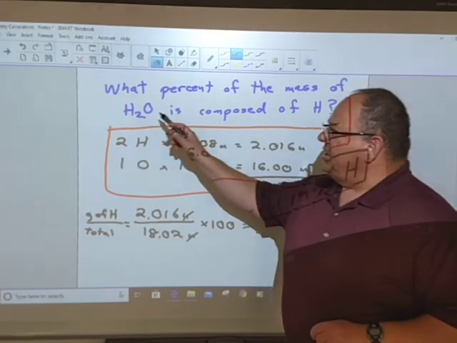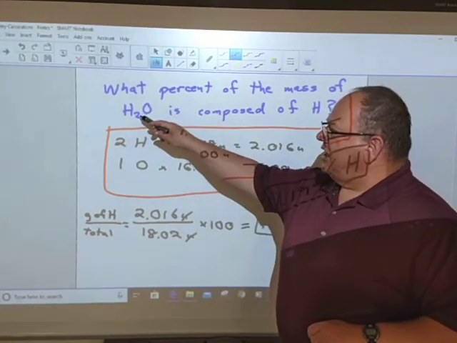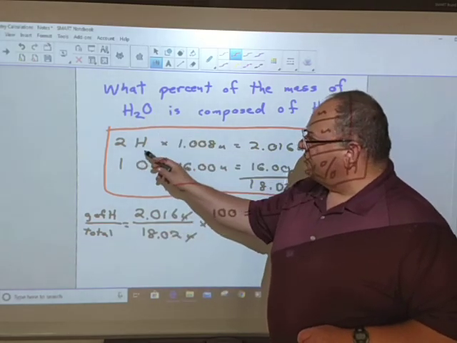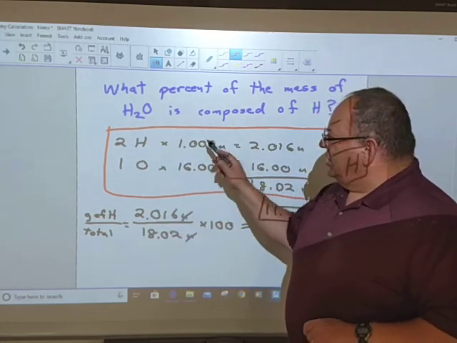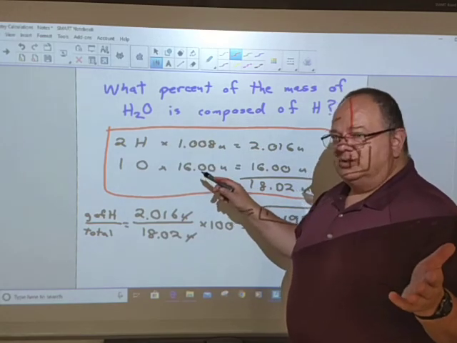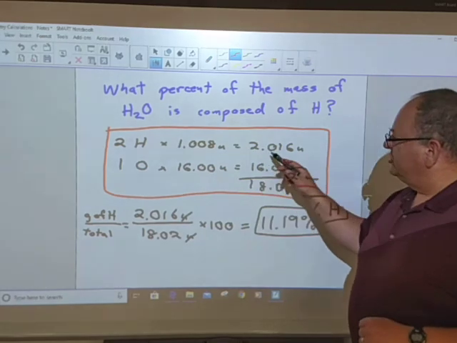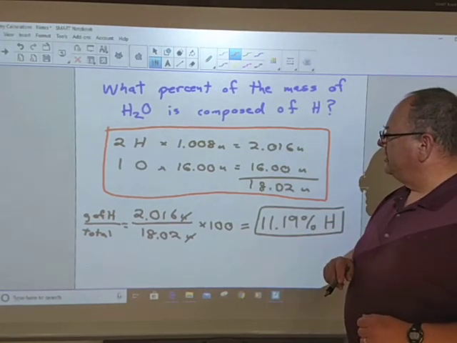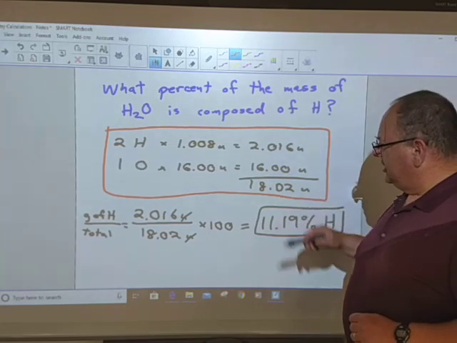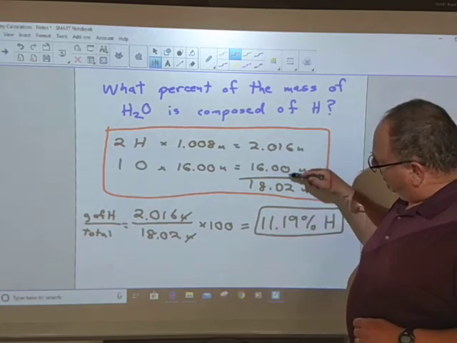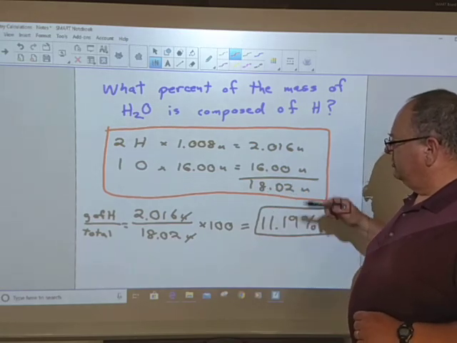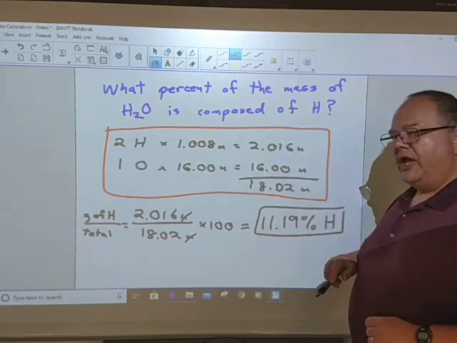And that is me writing out a formula mass calculation of water. So I said water has 2 hydrogen and 1 oxygen, and here's the mass of hydrogen when I look it up on the periodic table, and here's the mass of oxygen. And so the 2 hydrogen have a mass of 2.016, and the 1 oxygen is 16.00. And when I add them together, I got to round to the nearest hundredth, 18.02 units. Okay?